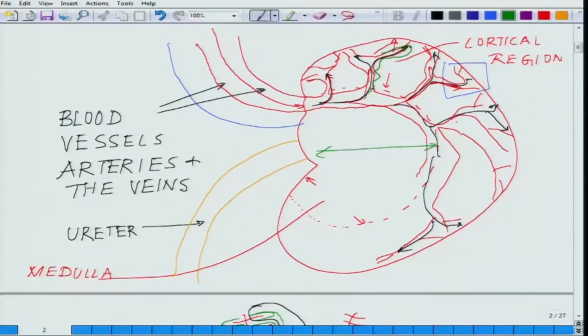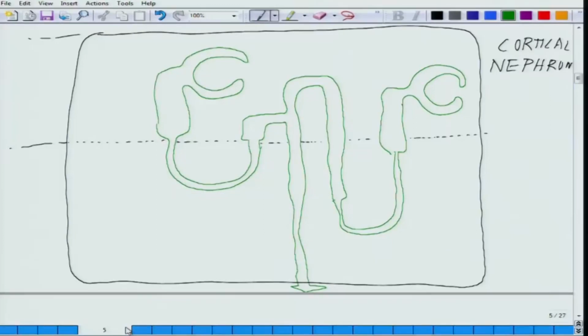Part of their body lies in the medullary region and part of it lies in the cortical region. This is very interesting. When the major filtration assembly is lying in the cortical region, it is called a cortical nephron. And when their major filtration body is lying in the medullary region, it is called a medullary nephron.